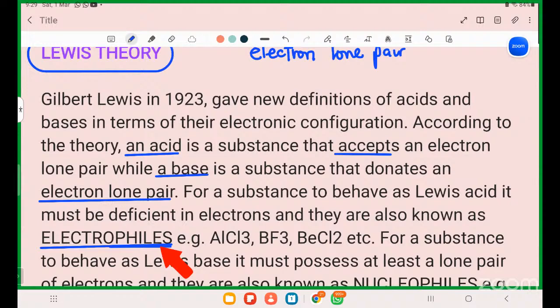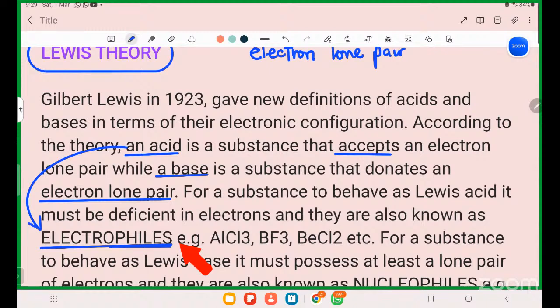Because they don't have electrons, that is why they love electrons, so they are called electrophiles. It is what you don't have that you love, so that you can have it. So Lewis acids are electrophiles because they are lone pair of electron acceptors. They accept a lone pair of electrons.